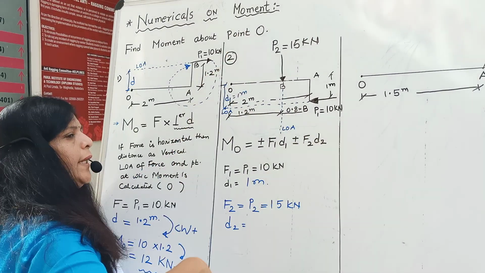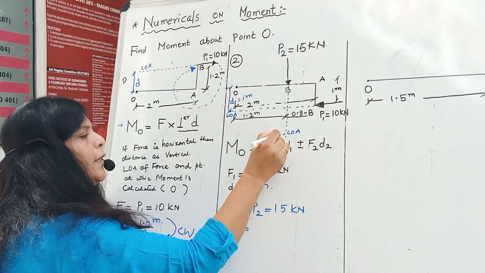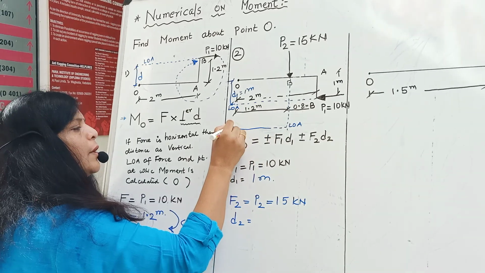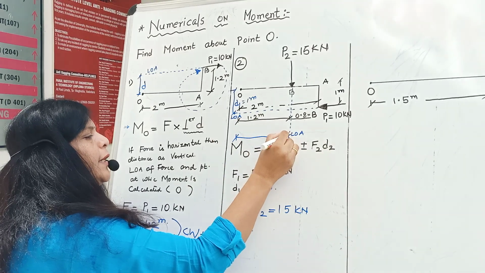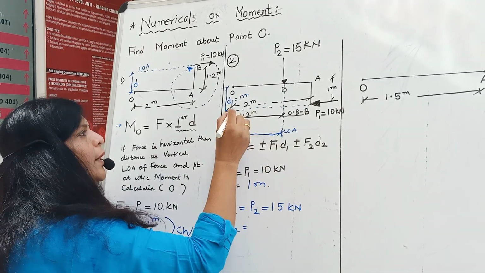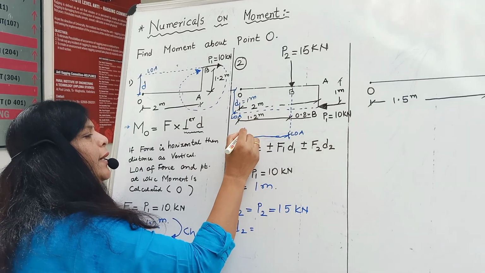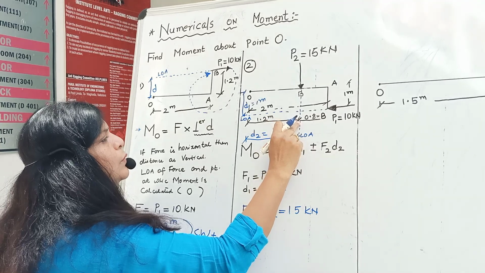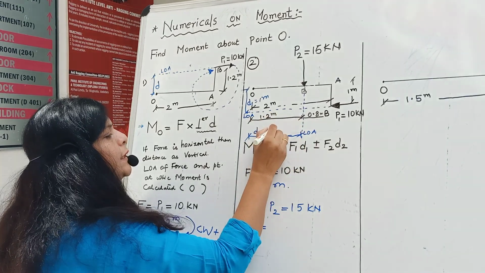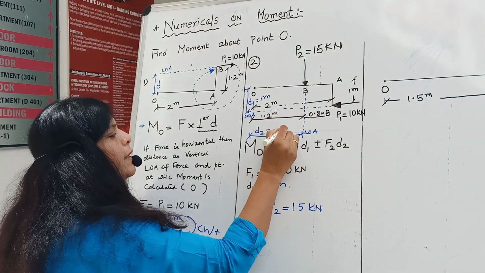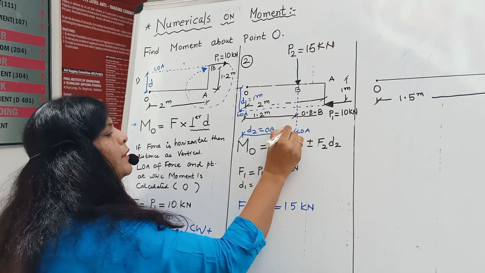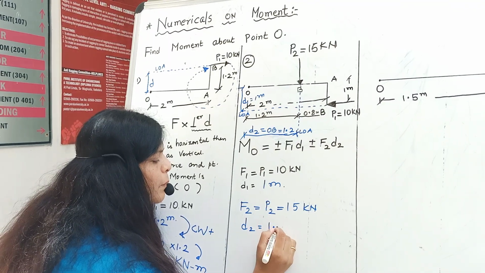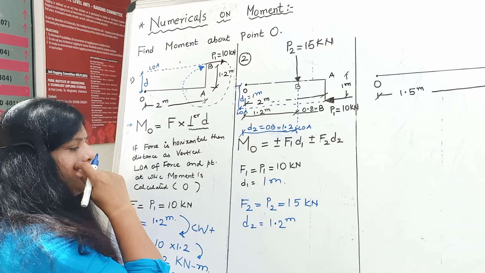The force is vertical, so what will be the perpendicular distance? Horizontal. Up to which particular point? Up to point O. So D2 is equal to, what is it? 1.2, that is the distance between O and B. So it will be 1.2 meters, right?